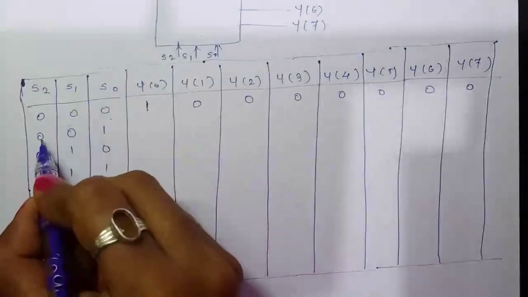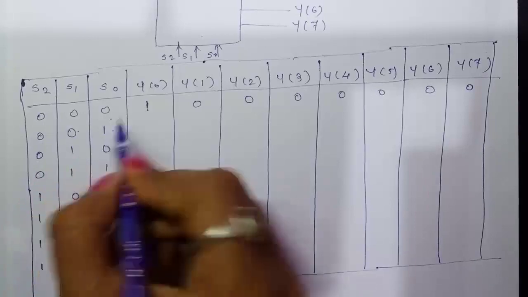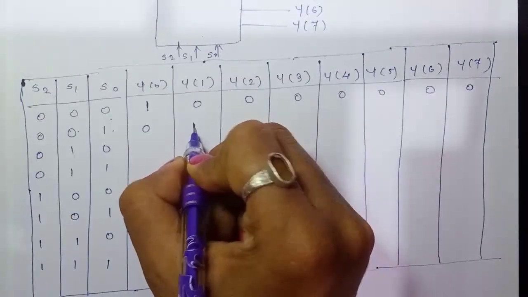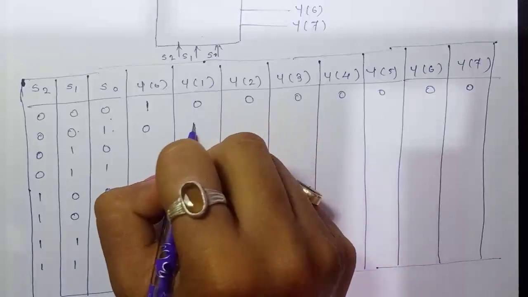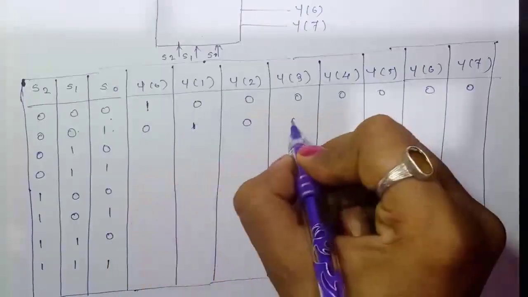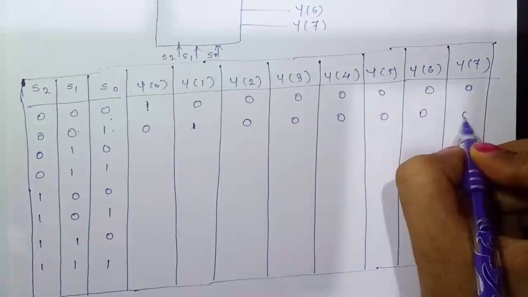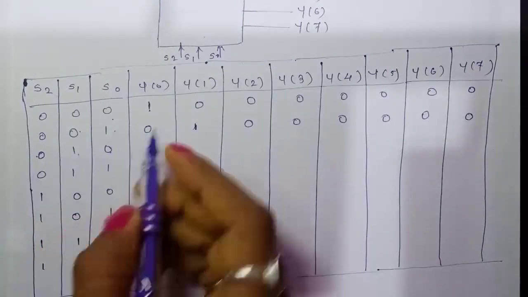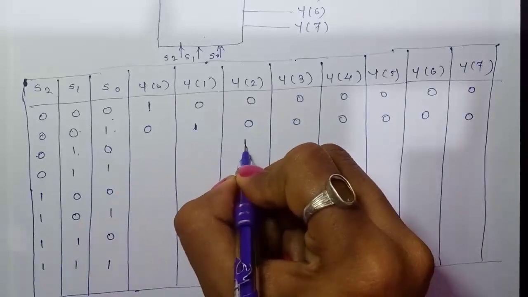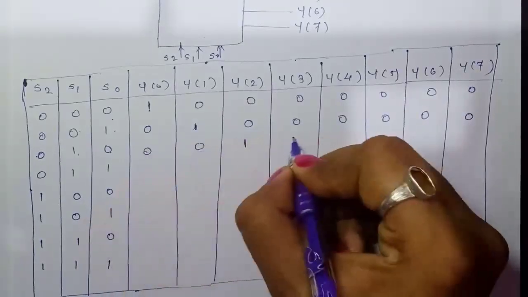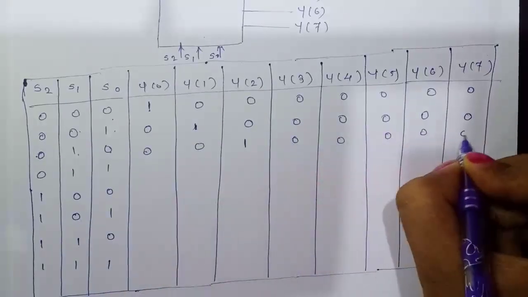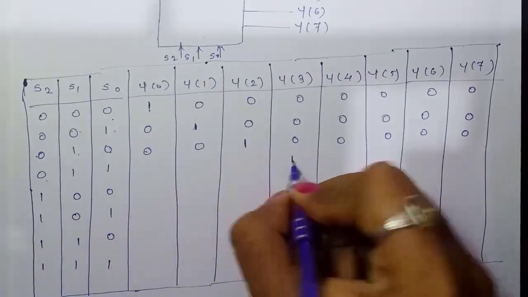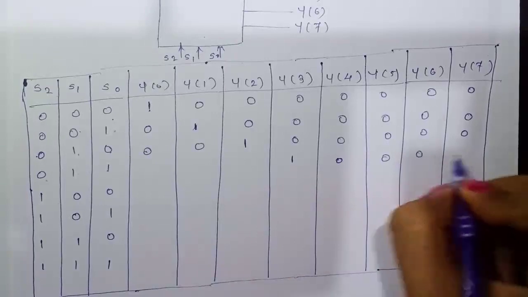When the selection lines are 0 0 1, Y0 is 0 but Y1 is 1, because this time Y1 is the active output line, and all others are 0. Likewise, when 0 1 0, Y2 will be 1 and all others are 0.